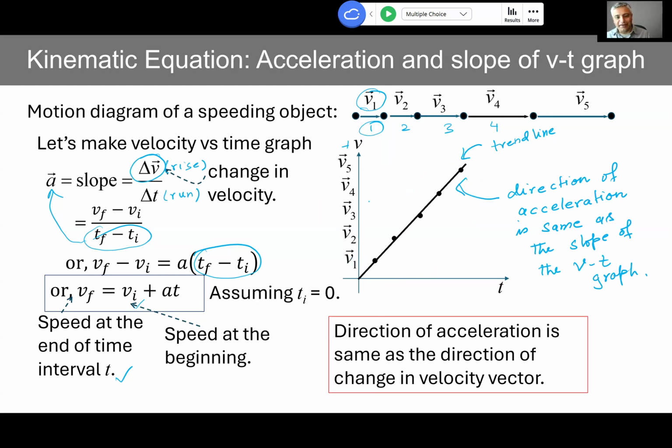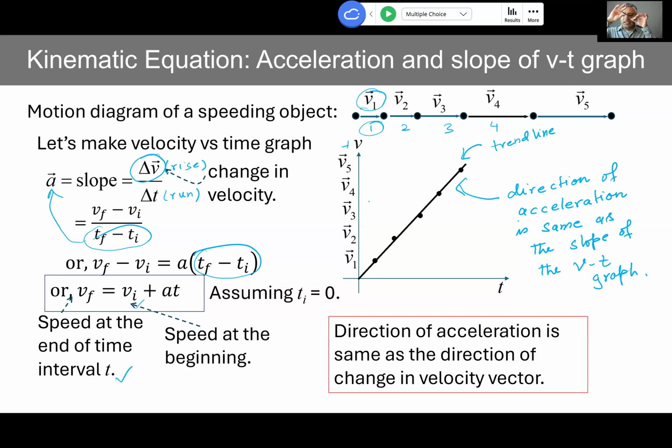So from a graph, how do you find the value of acceleration and direction of acceleration? By calculating the slope. And remember, when you have a line, and I don't know if you can see me in the video, this pen is horizontal, which means it has a 0 slope.